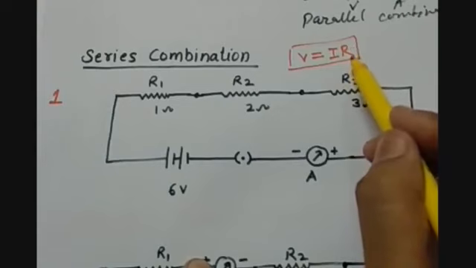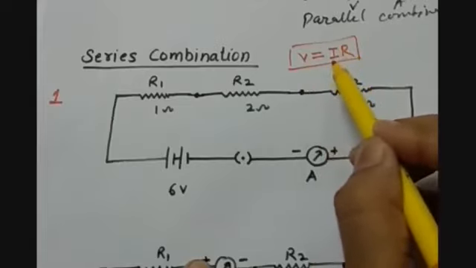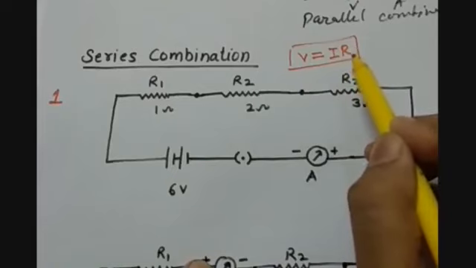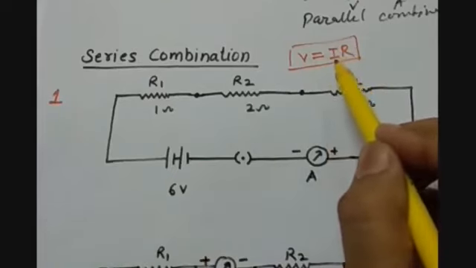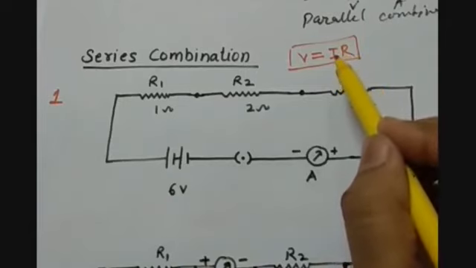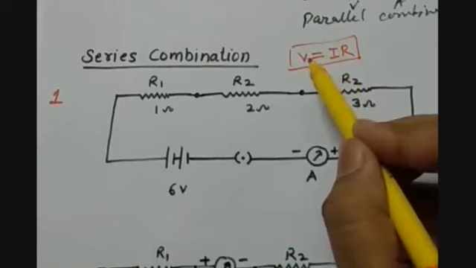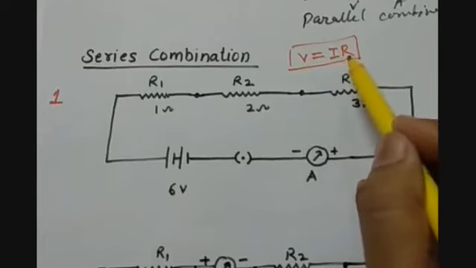Now we have to see that if different kinds of arrangements are used in these electrical circuits, then what is the effect of this combination of resistance on both. First we will see the effect of resistance on current, and then we will study the relation of potential difference and current when the series combination of resistors is used.